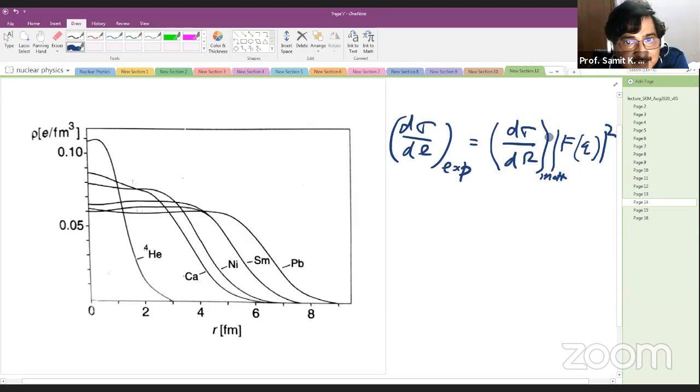Then you will get the quantity f q squared, the form factor, and the shape of the form factor tells you what type of nucleus it is, or what the size of the nucleus is.